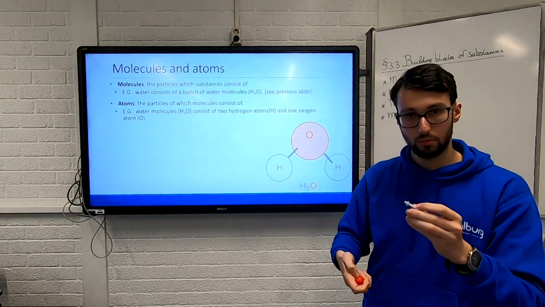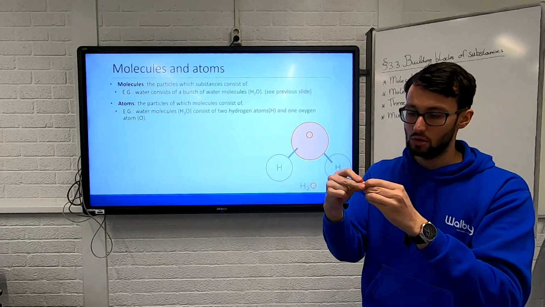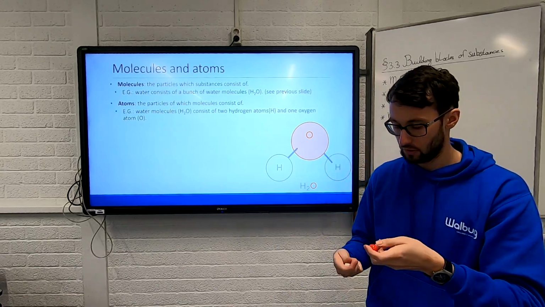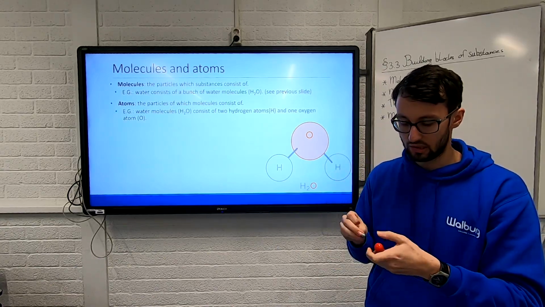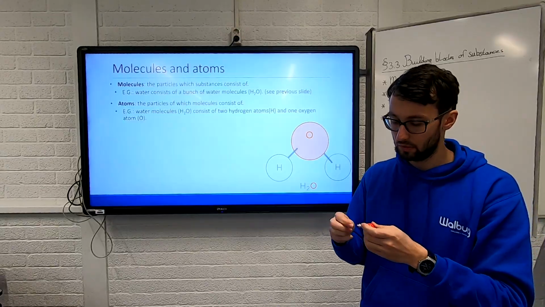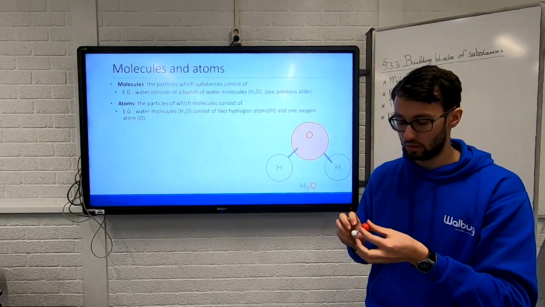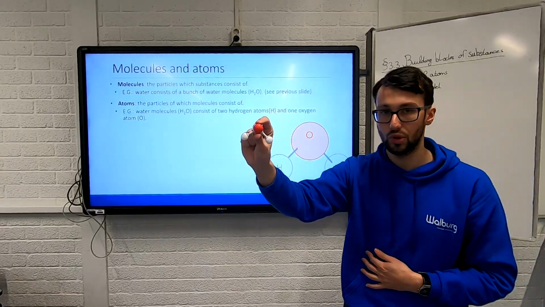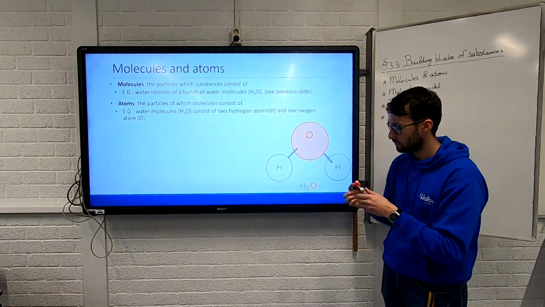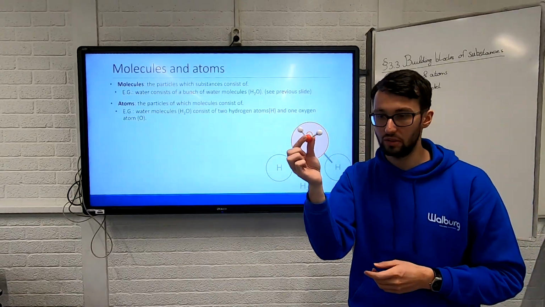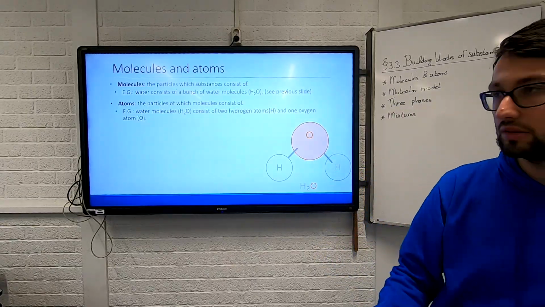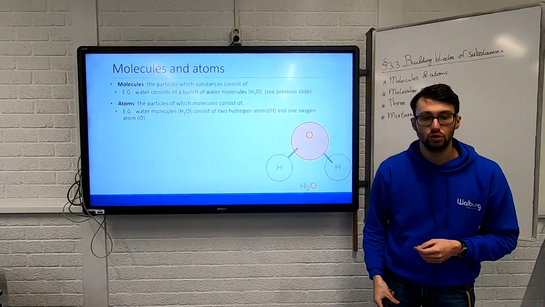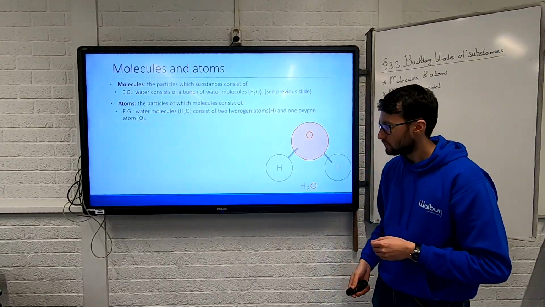So if we pop it right in, and we do that same with a second one, we make a complete H2O or water molecule. This is how we can represent the different molecules and atoms.